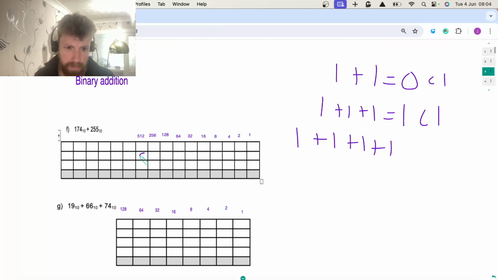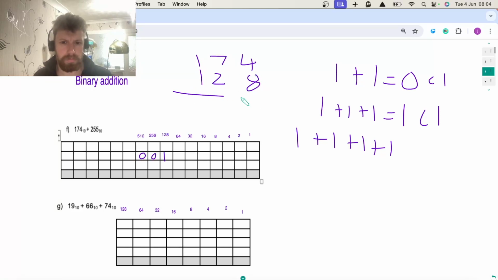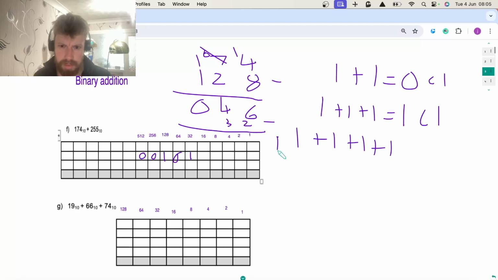So 512 isn't going to go into that, so that's going to go there. 128. I'll just do a quick bit of calculations there. Put a 6 there, so that's 6, 4, 0, so we've got 46. It's going to be 1, take that away. That's going to leave us with 14. And then we're just going to go 0, and 14 is 8, 4, 2, 0.